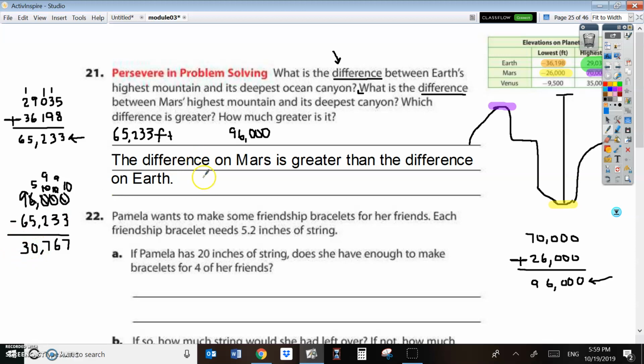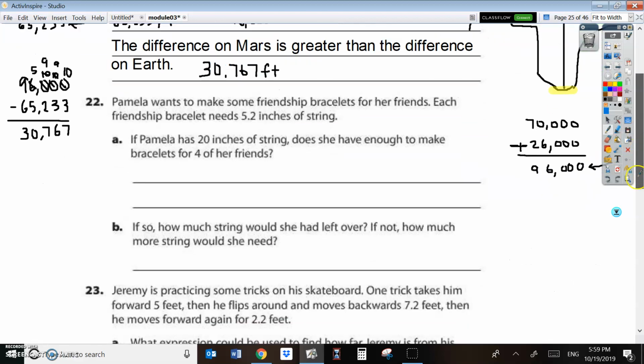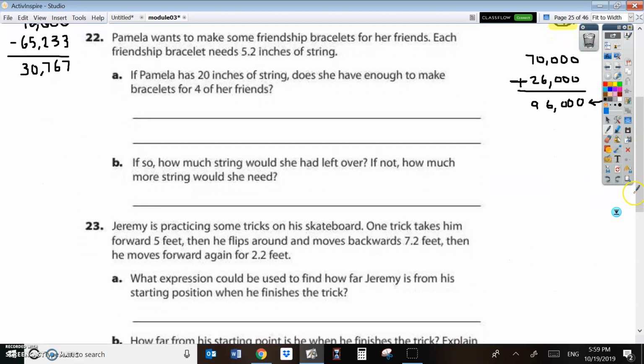So the difference between Mars and Earth is 30,767 feet. Alright, let's clean this up here.